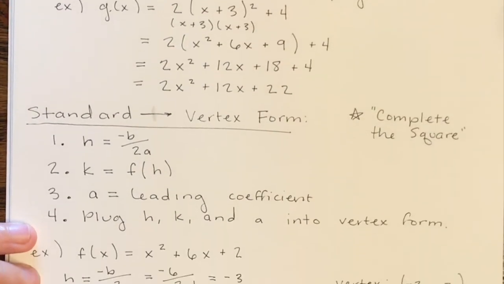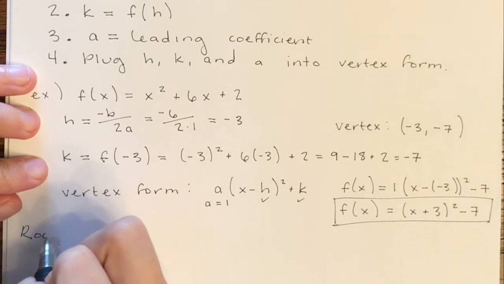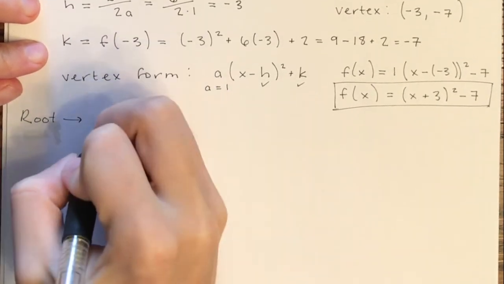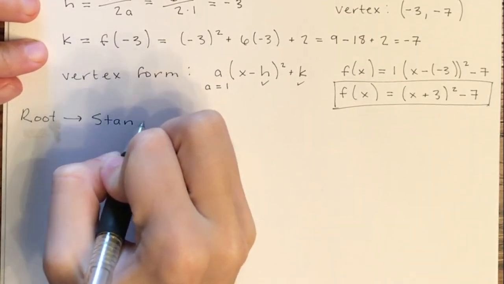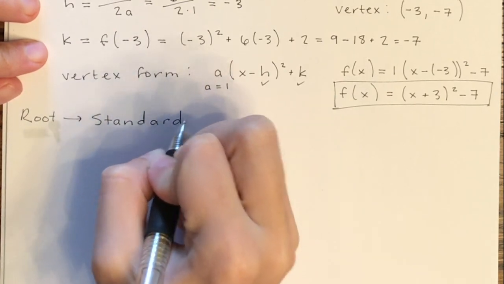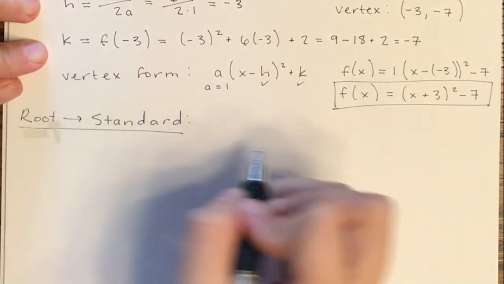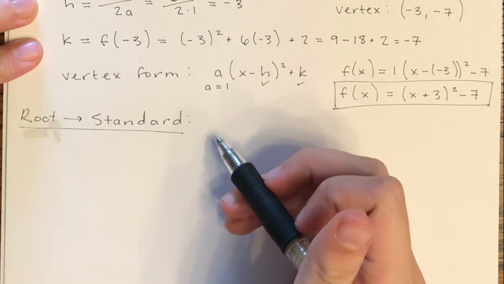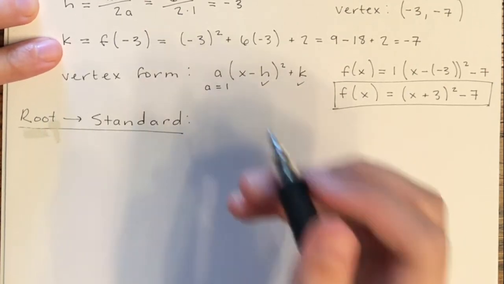Okay, what about converting from root form to standard form? This is similar to converting from vertex to standard form.